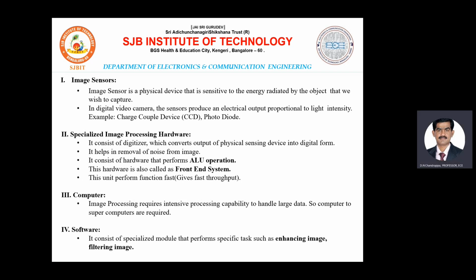So these sensors convert the light energy into electrical energy. The electrical energy is the output; the input is the flash, that is, light energy. For example, CCD, charge coupled device, is one type of sensor. Then the photodiode is another type of sensor. These all belong to image sensors.